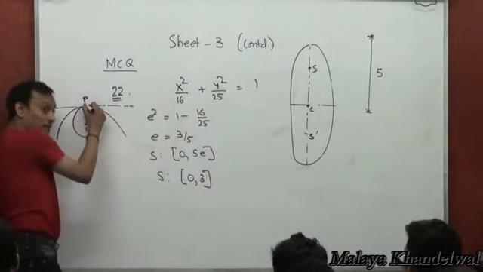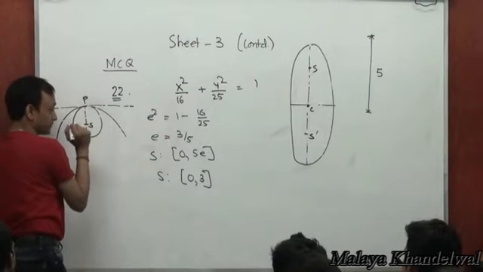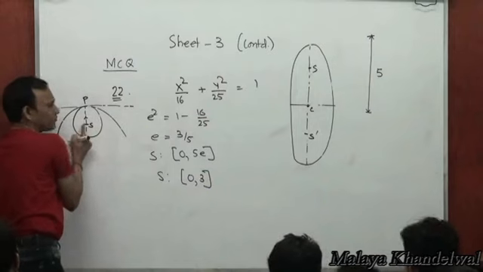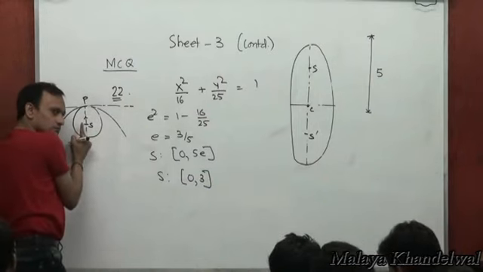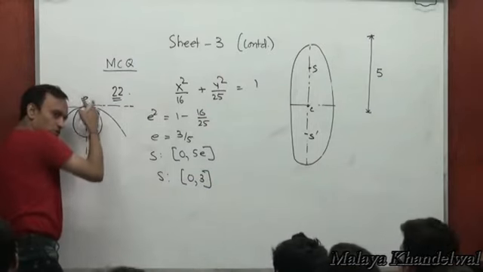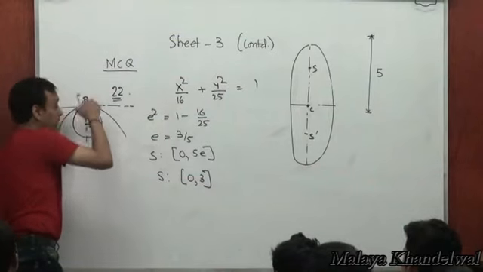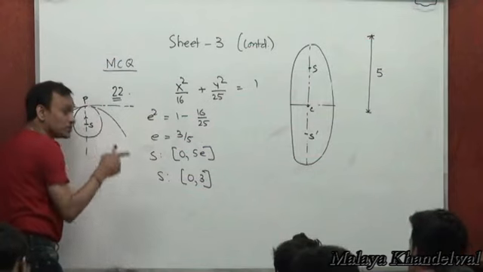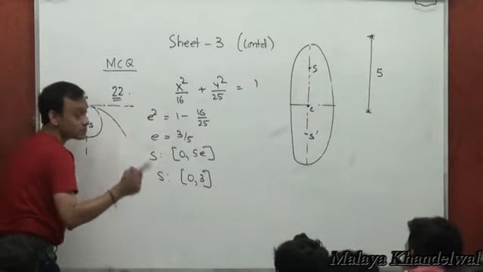Forget the circle for a while. SP for sure is a normal to the ellipse, right? Because they have a common normal. If it's a normal to the circle, it also has to be a normal to the ellipse because they touch each other.